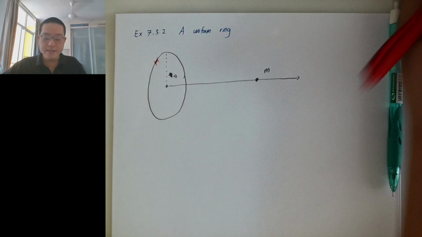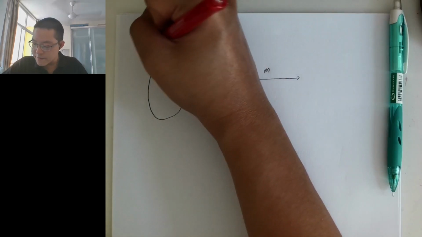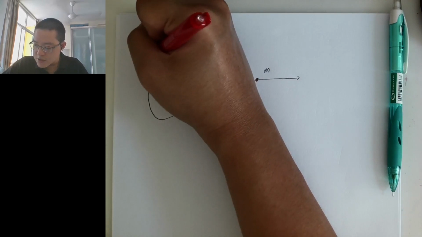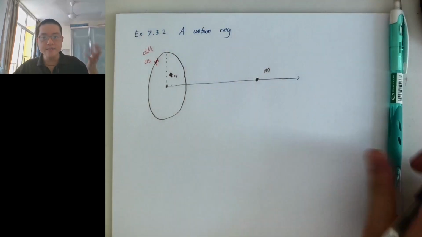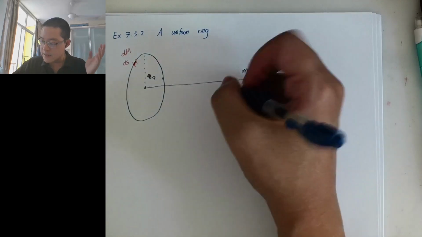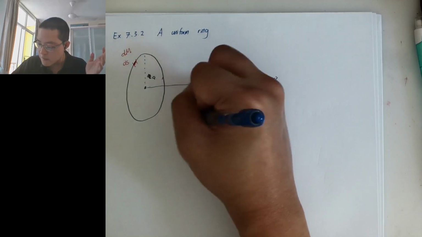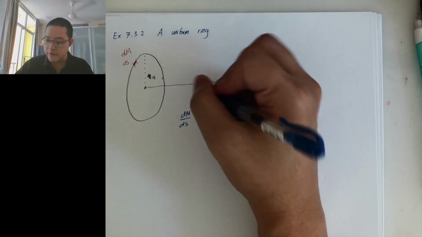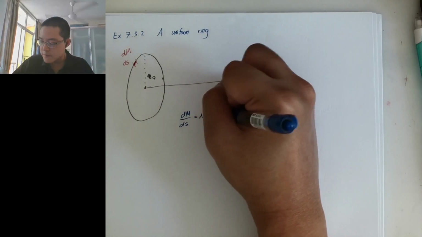This section has infinitesimal mass dm, and the length is very short, so we call it ds. Since it is uniform, dm over the length is the mass per unit length, and this is constant.